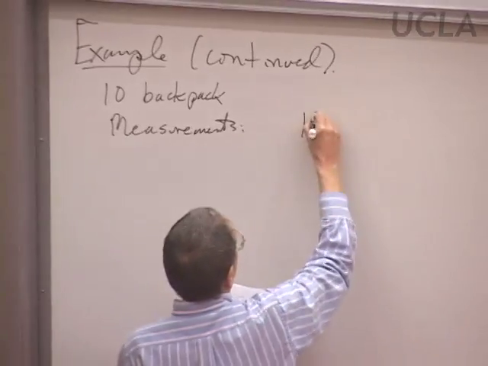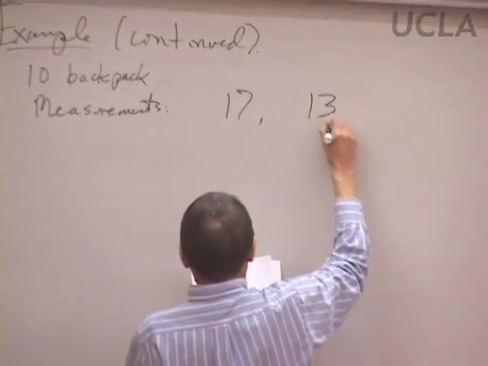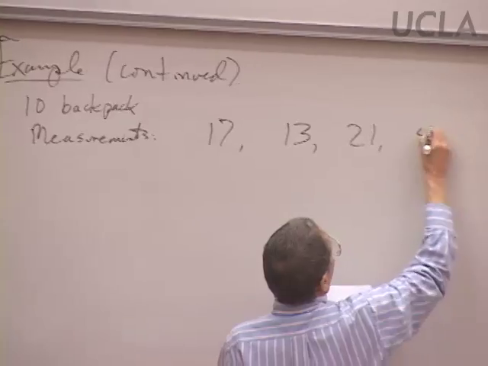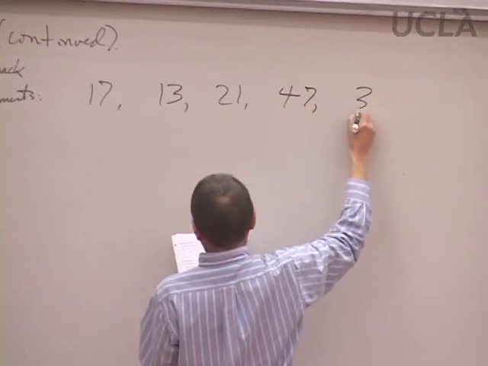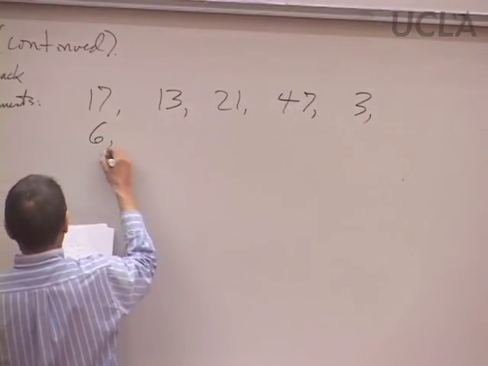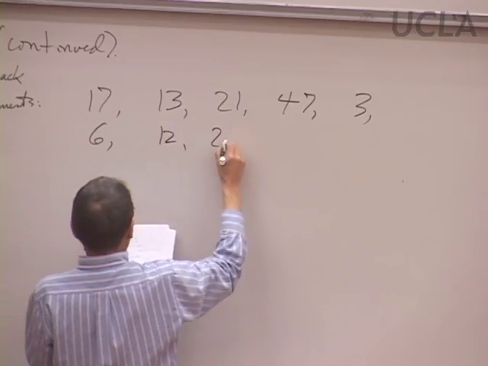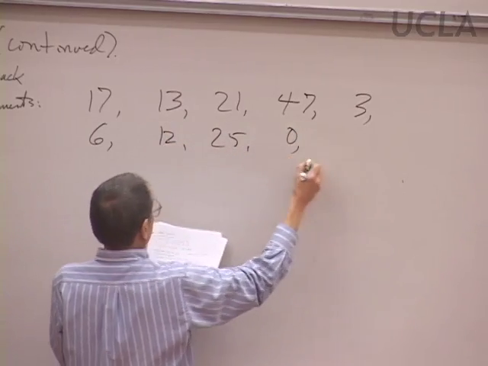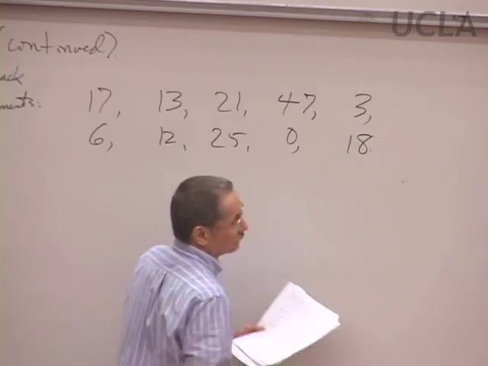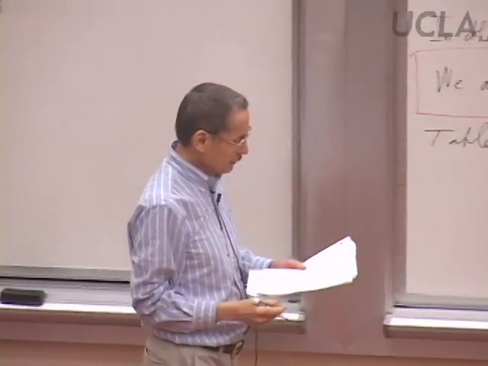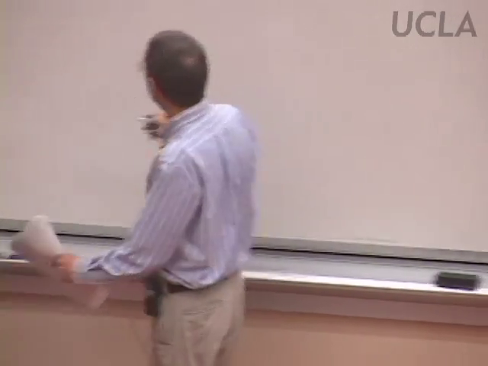Well, here they are again, the same numbers. The largest was 47. The smallest was 0. They're kind of spread out. And if we add these up, we get 162.